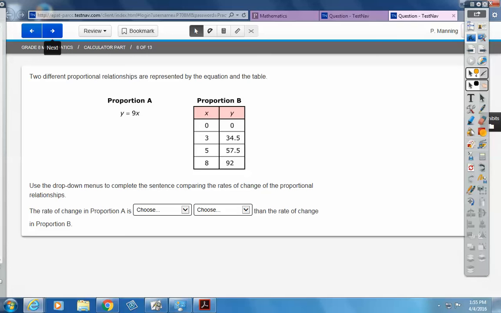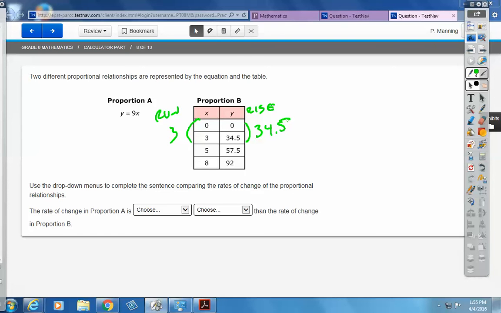Two different proportional relationships is just a linear relationship with a y-intercept of 0. All right. So we have a slope here of 9 and a slope of, I don't know, here. So let's figure this out, shall we? We have a rise of 3, sorry, a run of 3, and a rise of 34.5.